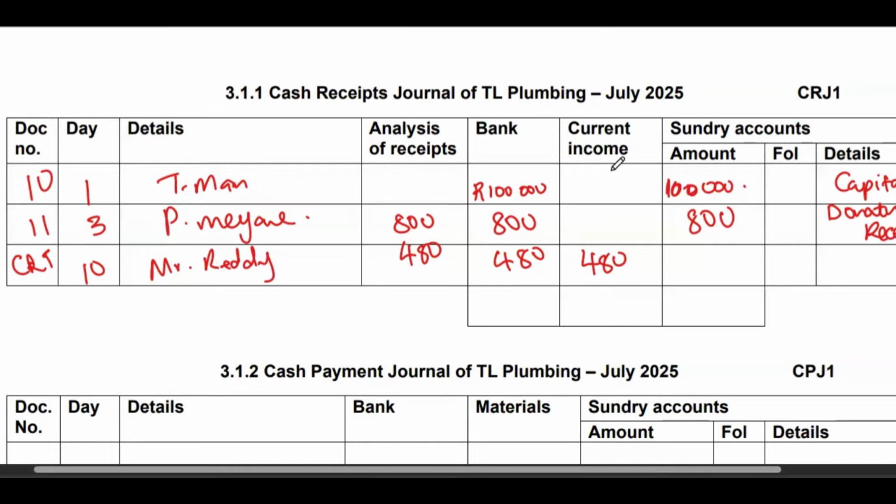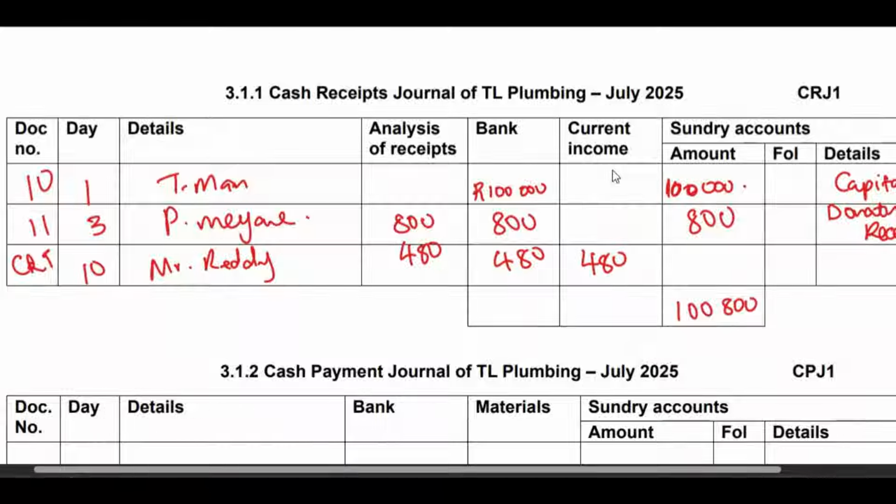All right, so from that, we can see that we're going to have a total amount in the bank. And how much is it going to be? So here we're going to have 100,800.